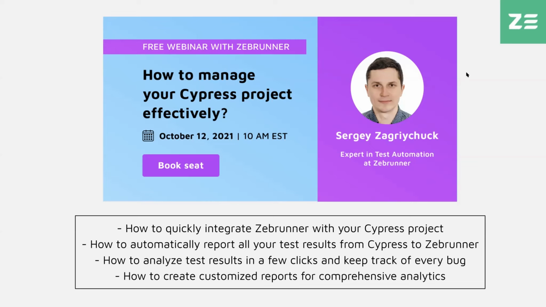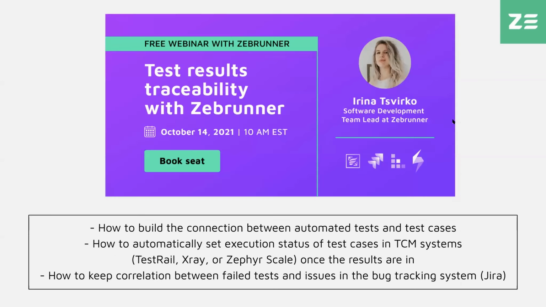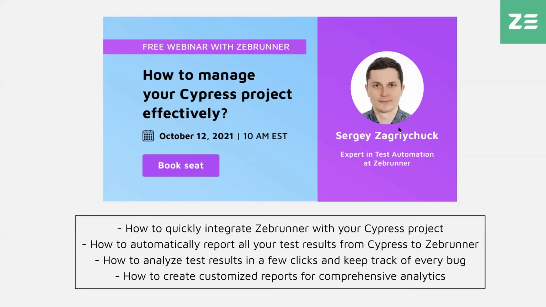We'll show you how to quickly integrate Zebrunner with your Cypress project, how to automatically report all your tests from Cypress to Zebrunner, and how to create customized reports just for your Cypress project. This will be held by Sergey Zagrechuk, an expert in test automation at Zebrunner. So please join us if you use Cypress for sure.